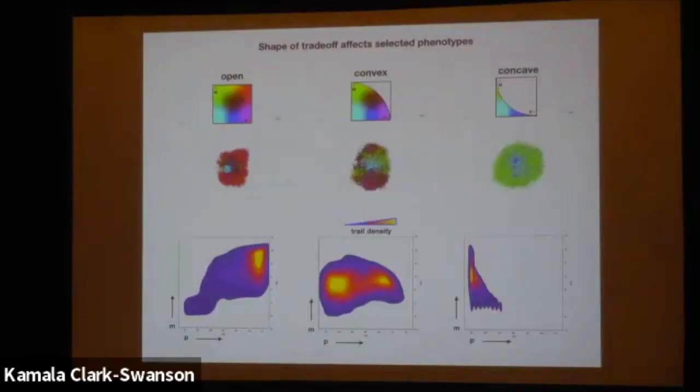Once I do this again, I'll grow them larger, but this is what we have right now. For the concave trade-off, at least for this set of parameters that I've chosen, it moves towards this fast migration. So space is a limitation, and being migratory is really important in this case. And as I showed you before, if I were to increase that death rate, it would move towards faster proliferation.